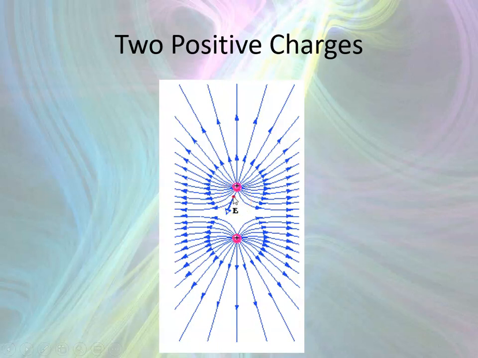Now, as I've tried to emphasize before, that does not mean that if you were to release a charge here, it would just travel along a field line. The charge would actually not travel along a field line, in spite of the statements that I might have misled you with in some of the previous slides. It would feel a force anywhere along the field line, in that direction.